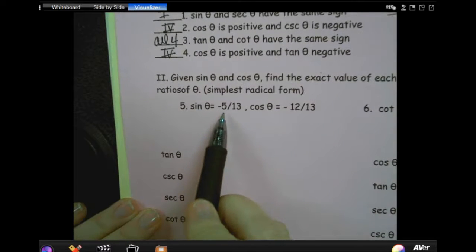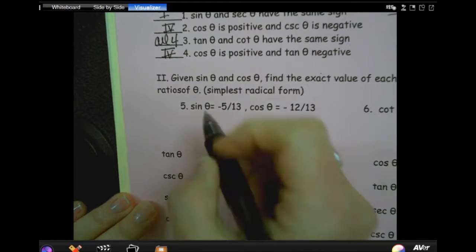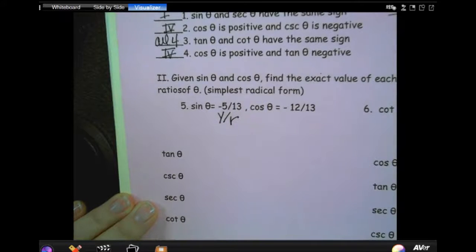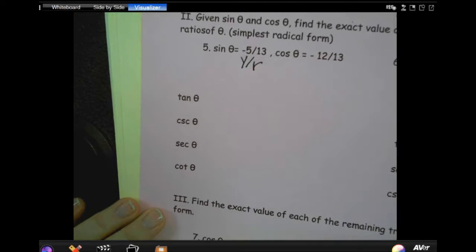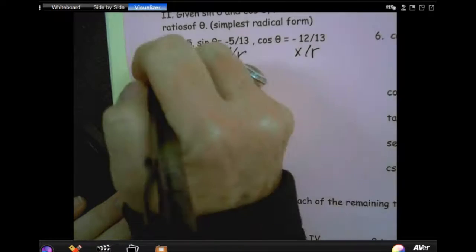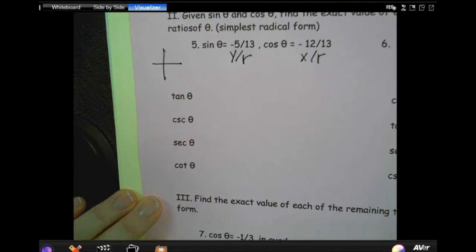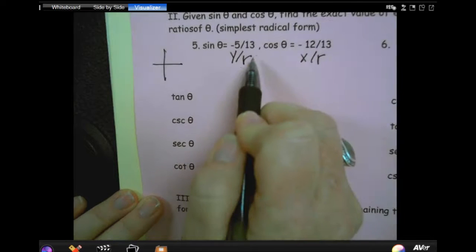So if you look, the sine is what values? Y over r. And what's the cosine? X over r. So if I'm going to draw my little triangle, the radius will be 13 this time.